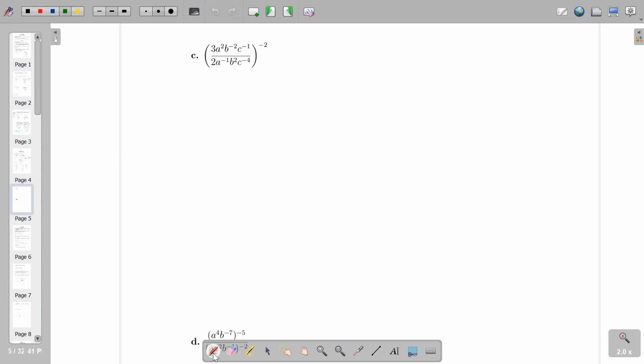So while you could try to approach this in a step-by-step fashion, if you just have a big fraction like this, it's all multiplying and dividing, what's okay is just to go ahead and say, you know what, I'm going to take everything and raise it to the negative 2. Just writing every one of those that are in those parentheses raised to the negative 2.